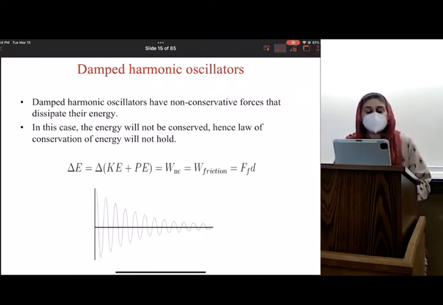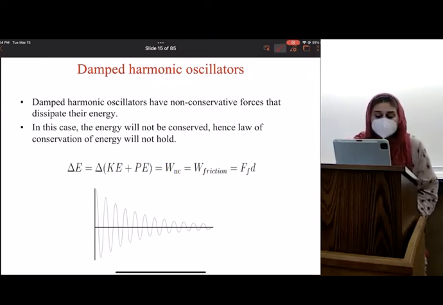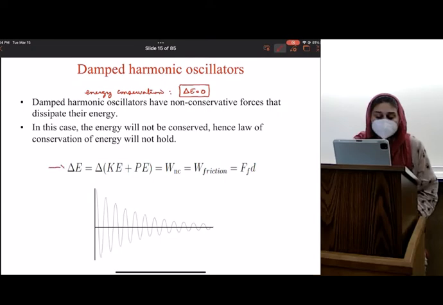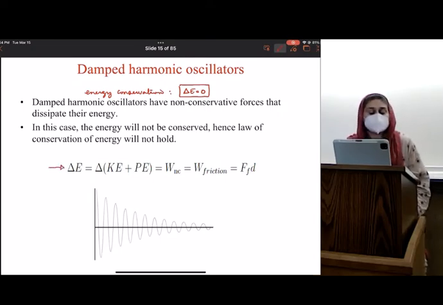So when you're talking about damped harmonic oscillators, our energy conservation, which was given by delta E equals 0, that means energy cannot be created or destroyed, is no longer valid. In this case, the law of conservation of energy will be written as this.